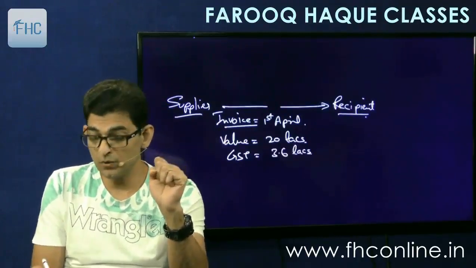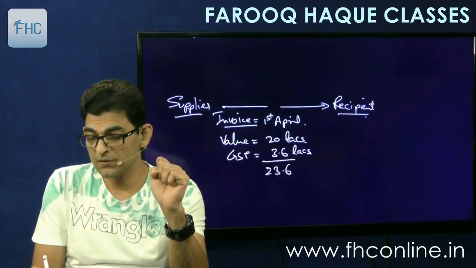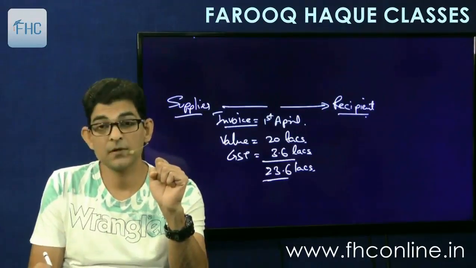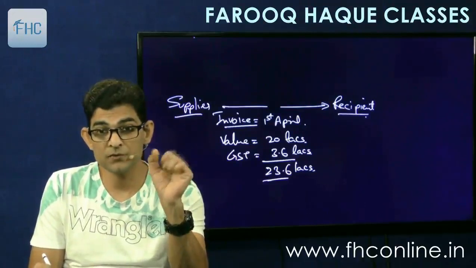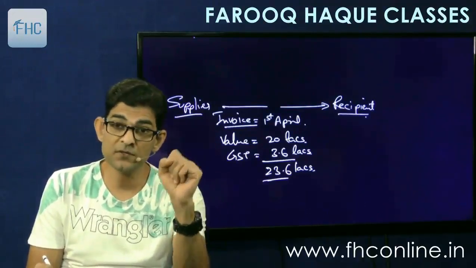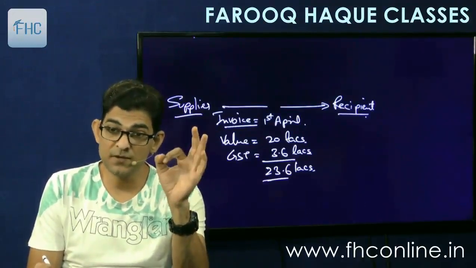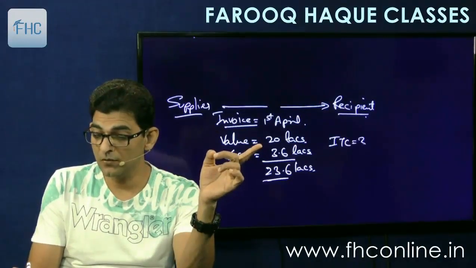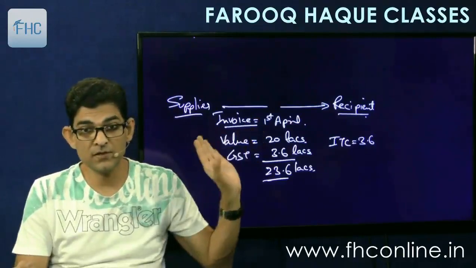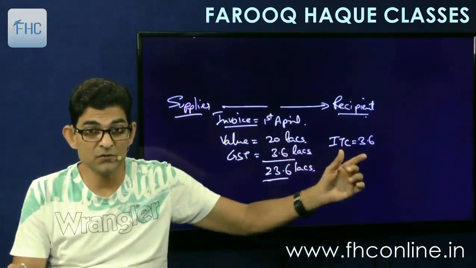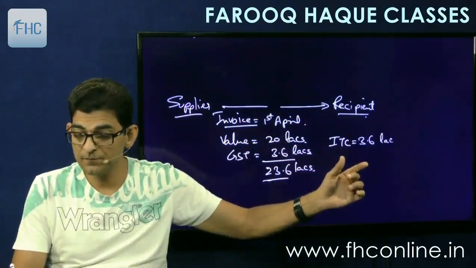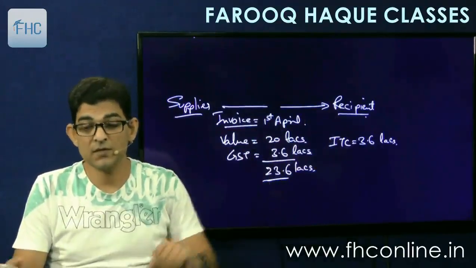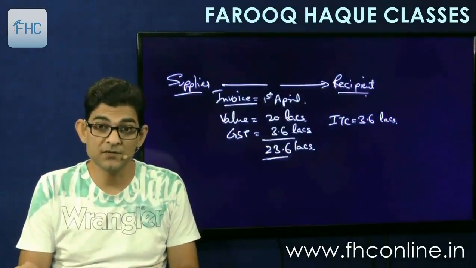So the total value of the invoice is 23.6 lakhs. The recipient has to pay this within 180 days. If he doesn't pay, then the ITC of 3.6 lakhs that he availed when he received the invoice has to be reversed if payment is not made within 180 days.